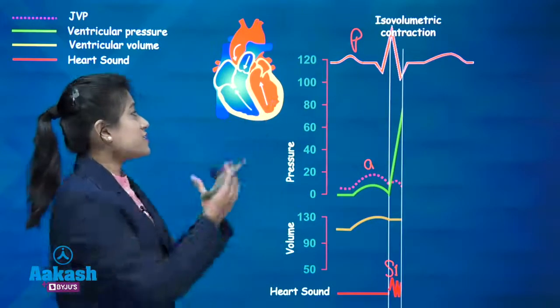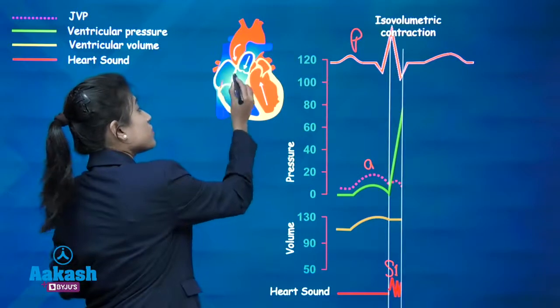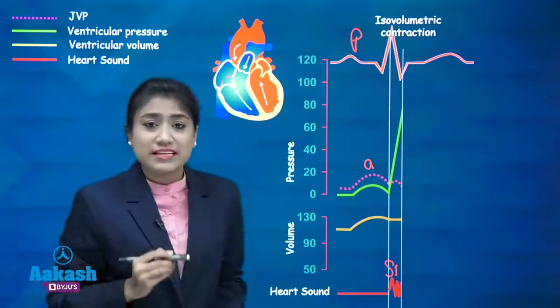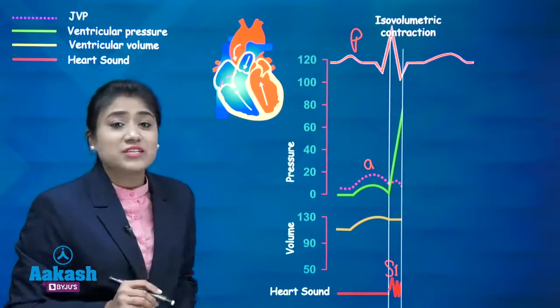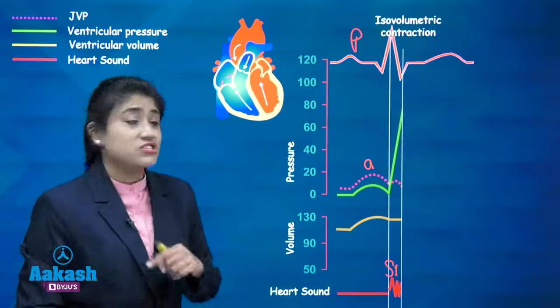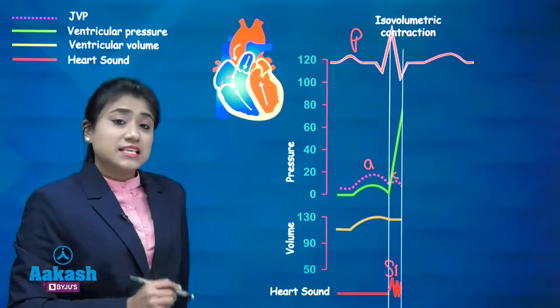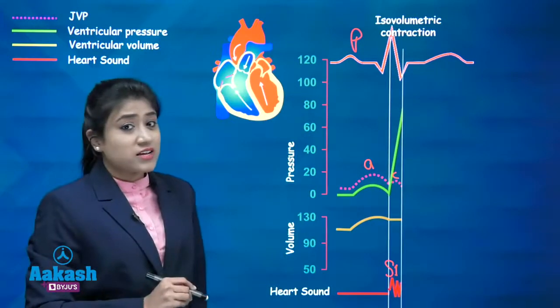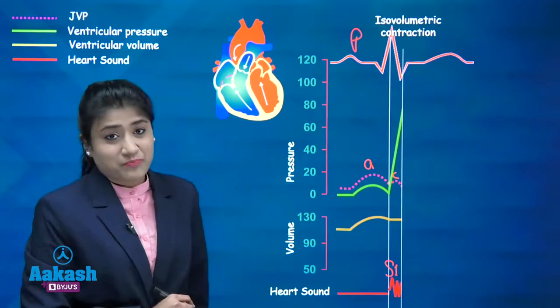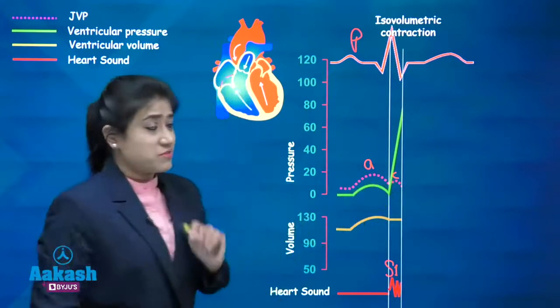Remember guys, during this isovolumetric contraction, there is bulging of AV valves into the atrium, which causes an increase in atrial pressure, and which is reflected in the JVP as the C wave. Okay, the C wave is due to bulging of the tricuspid valve into the atrium. Got it? So, we are having the C wave on JVP.